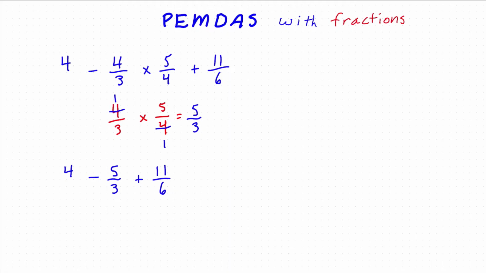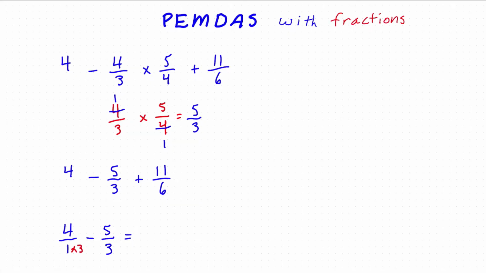We've done problems like this. If we have a whole number, we just need to turn it into a fraction. So we have 4 over 1. We're going to change that to 4 over 1 minus 5/3. Now remember, doing addition and subtraction, we've got to have the same denominators. Here, 1 can turn into 3 just by taking it times 3.